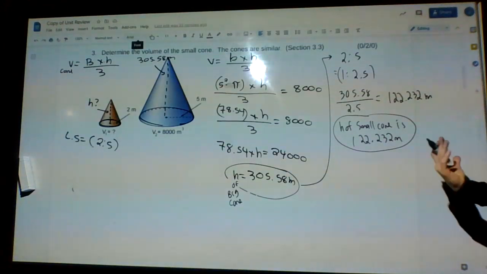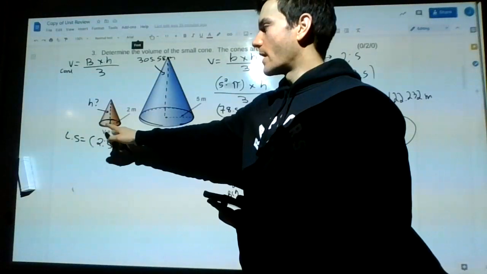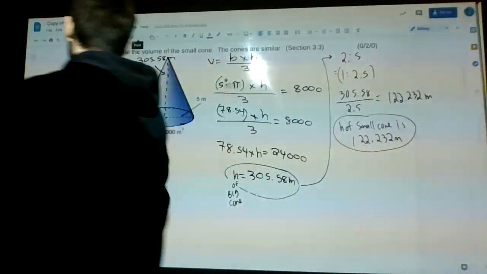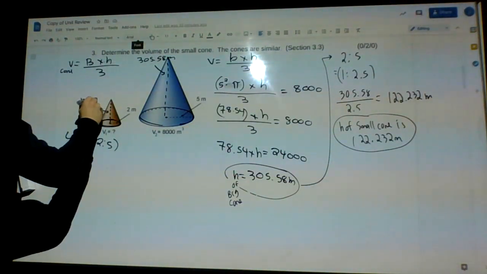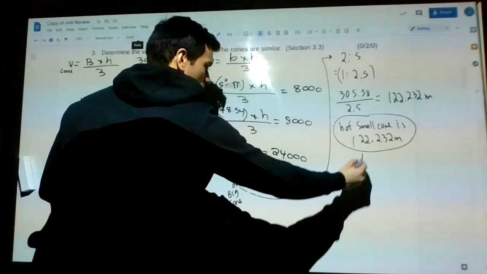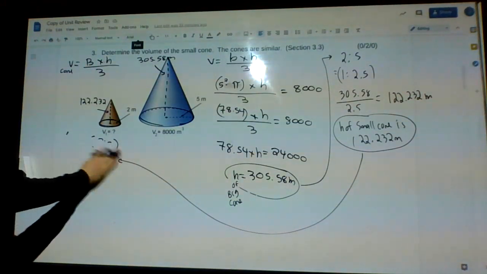Now that I have this, I can do the final step. I've got the radius of the circle, and I've got the height of the cone, now 122.232. So now I can do this final step of actually finding the volume. Maybe let's get rid of this for right now.